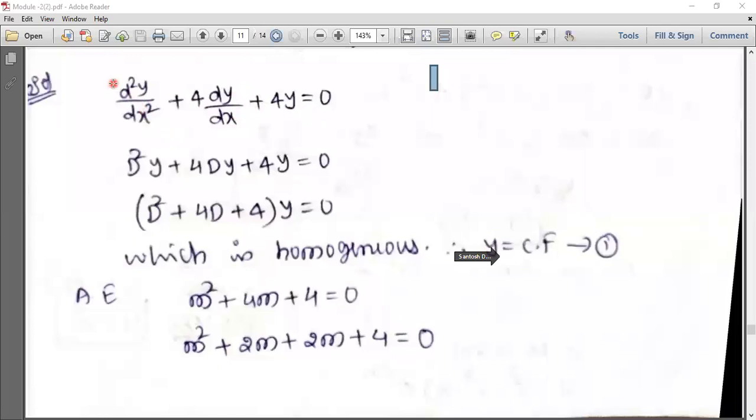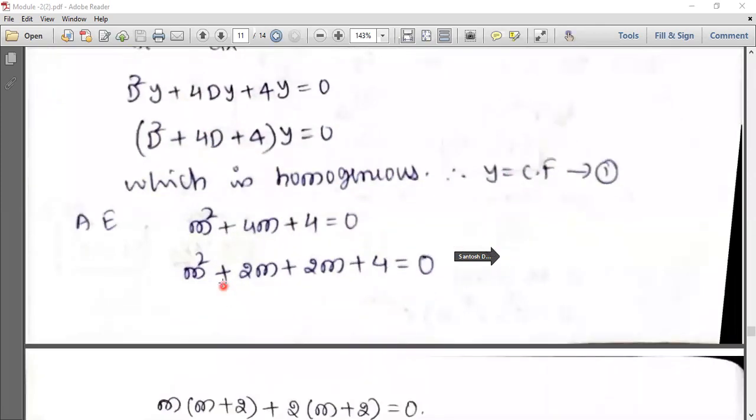I told you, write d square by dx square as capital D square into y plus 4 into capital D into y plus 4y equal to 0. So this is D square plus 4D plus 4 into y equal to 0, which is homogeneous. So y equal to the complementary function. So write the auxiliary equation.